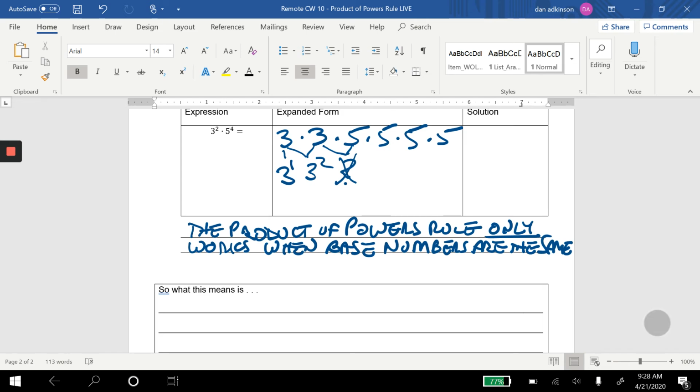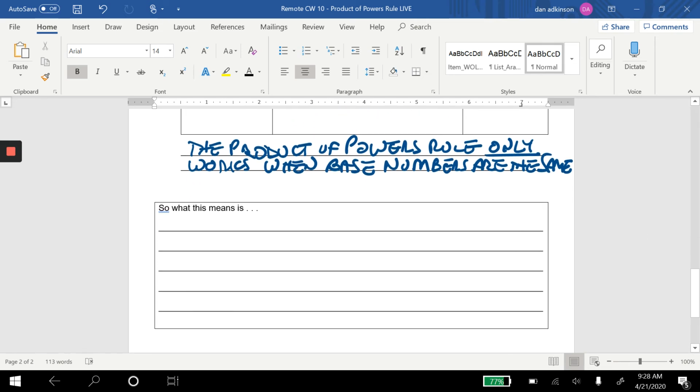All right, so what this means is, let's write this as a general rule both in words and then as an algebraic expression. So let's start with the words.